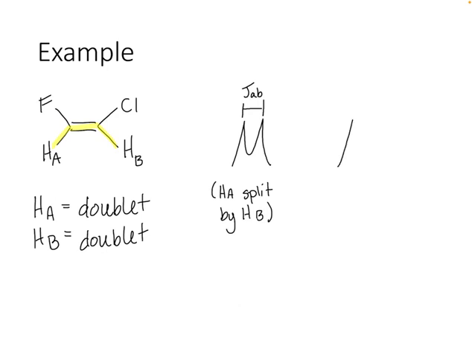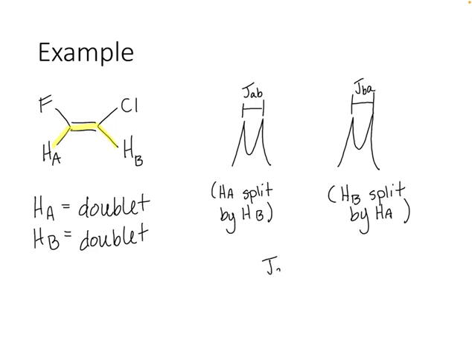And then if we look at the doublet for HB, that would have its own distance, JBA. And that is HB split by HA. But actually, these will be the same distance. So JAB will equal JBA.